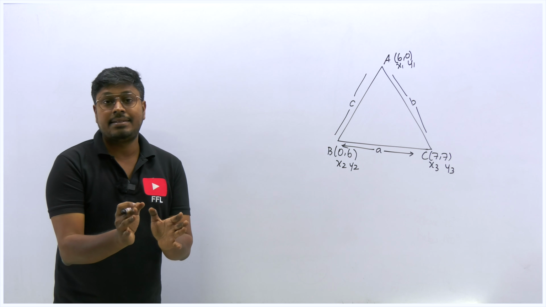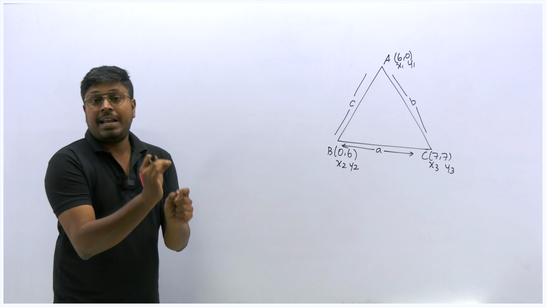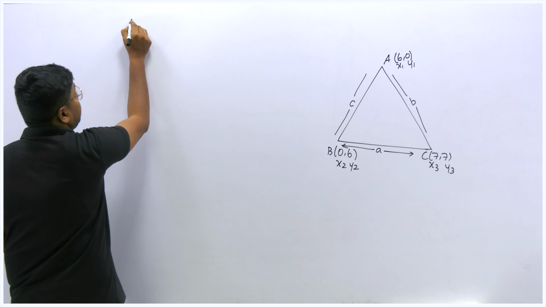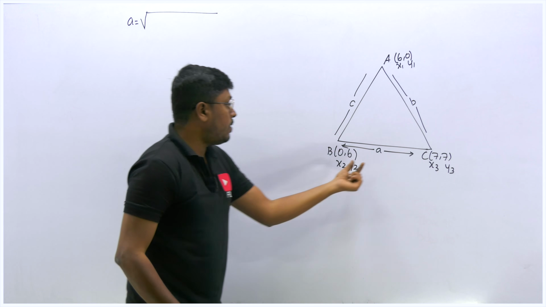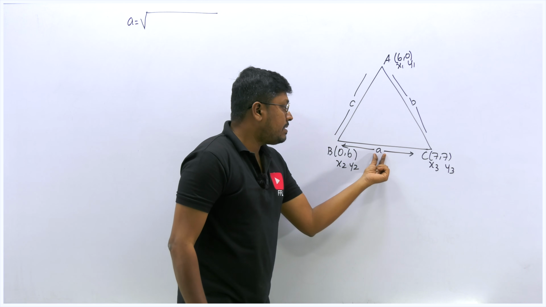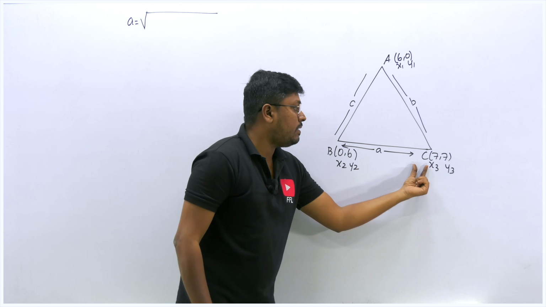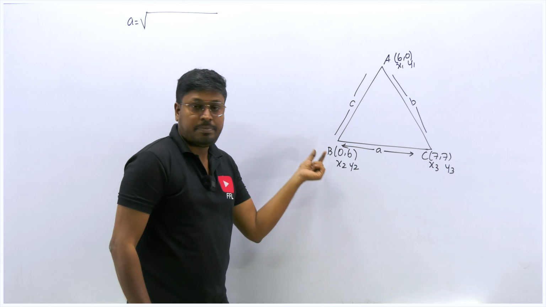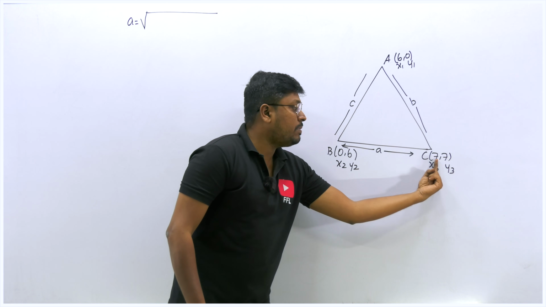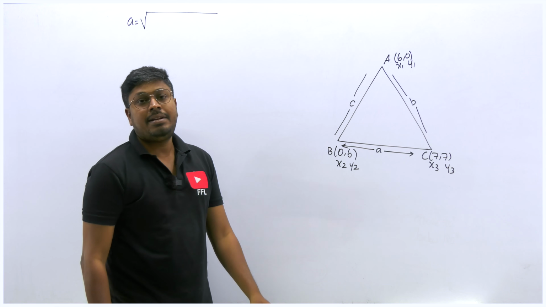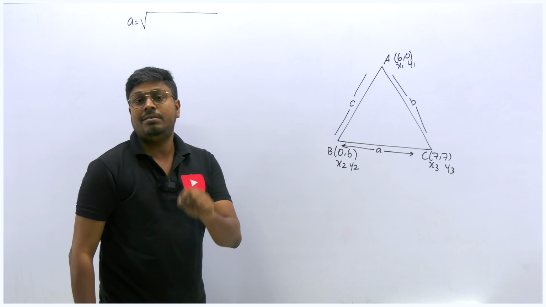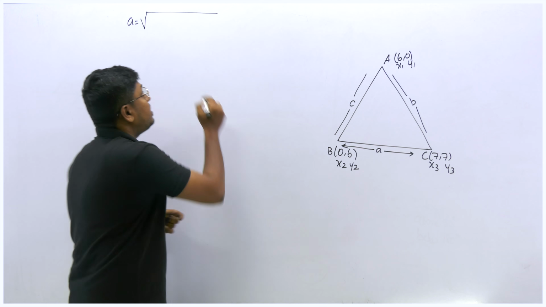That's it. So after drawing a diagram and fixing all the coordinate points on the x axis and y axis, find the values of a, b, c. So what is the value of a? The value of a will be the distance, right? In order to find the value of a, this lies on two vertices B and C. Always go with the reverse order, C to B. So C's first value is 7, B's first value is 0. So 7 minus 0, the whole square, 7 minus 0 is 7, 7 the whole square is 49.